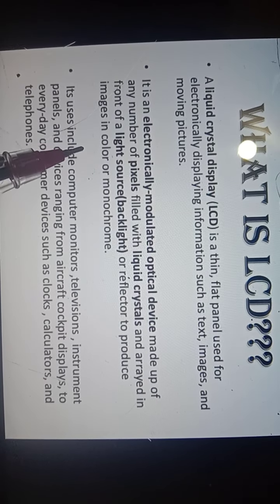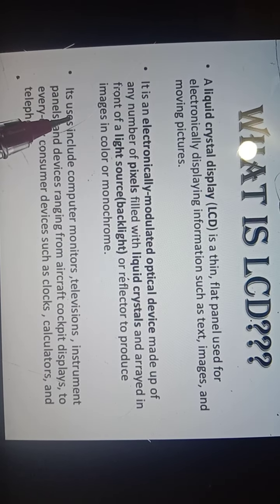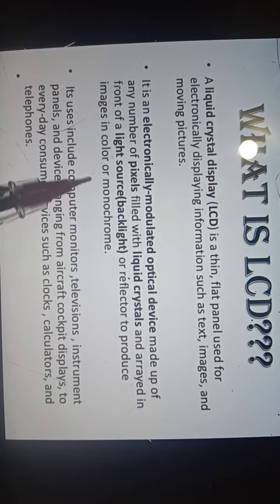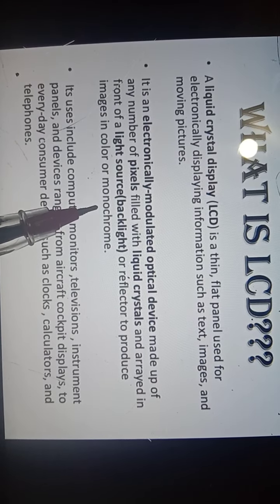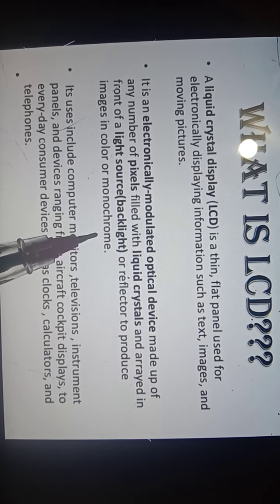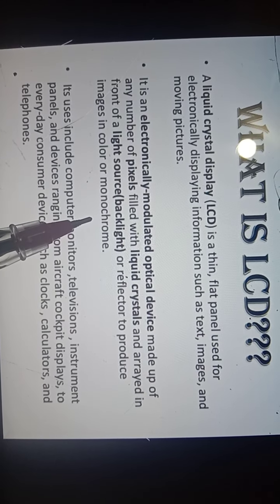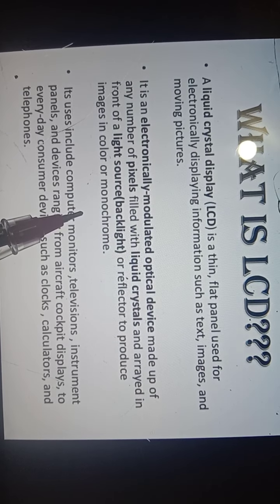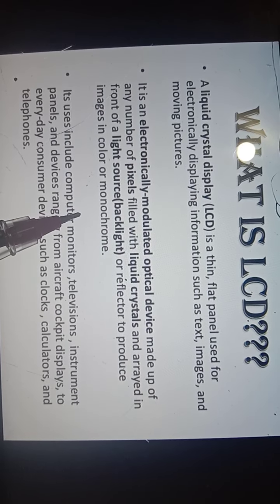That means images in very beautiful colors. Monochrome is nothing but mono meaning single, and chrome meaning color. In monochrome, the light is exhibited in only one color. The best example is laser light.